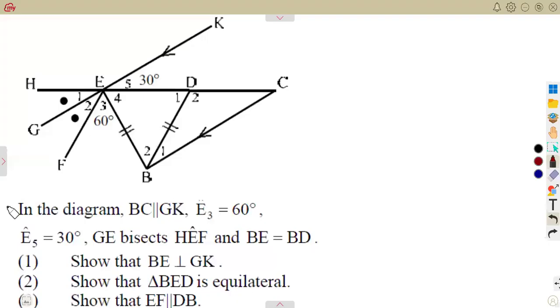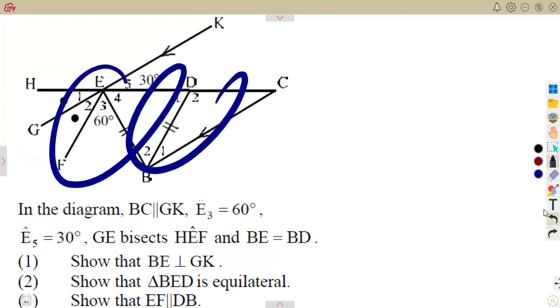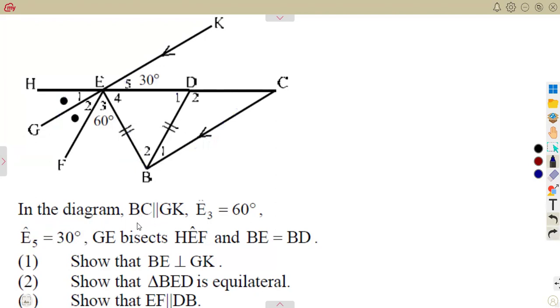So in this case, I want us to consider another revision exercise where we need to focus on the geometry of straight lines and also the properties of the shapes that we have in our syllabus. We are given in the diagram that BC is parallel to GK.